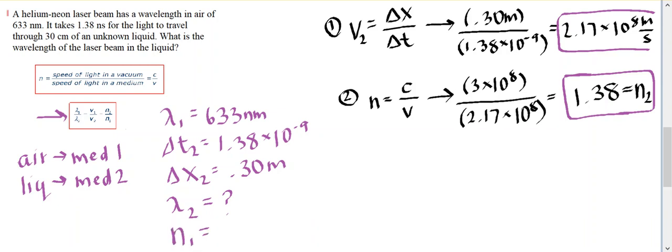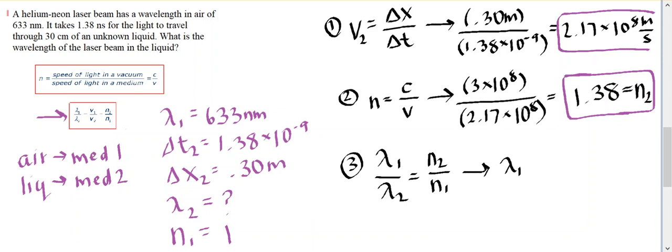n1 is 1. And we have one of the wavelengths. We can use the first half of that ratio, where we say that the wavelength 1 over wavelength 2 is equal to n2 over n1. We cross multiply. Wavelength 1 times index of refraction in 1 equals wavelength 2 times the index of refraction in 2.